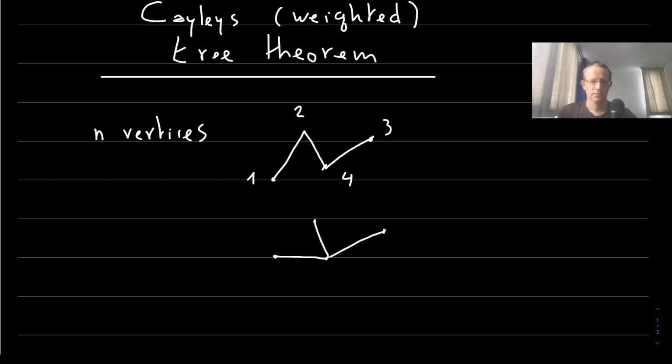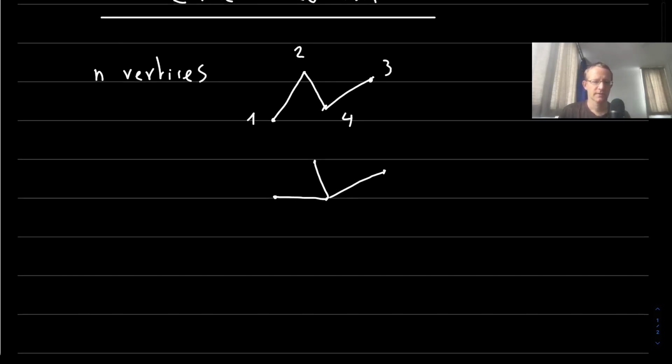In other words, we'll be talking about spanning trees that visit every vertex at least once. I'll briefly refer to them as trees.